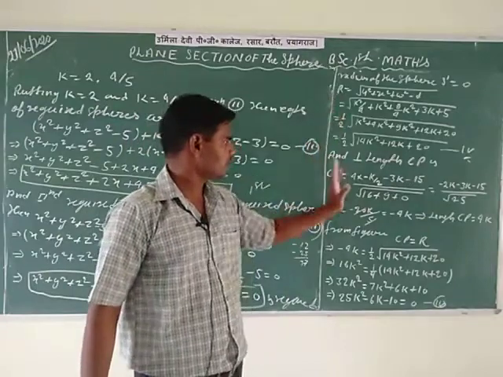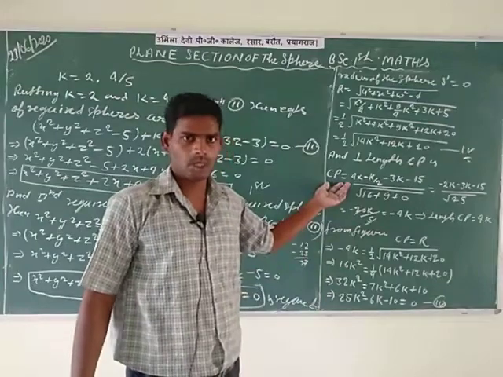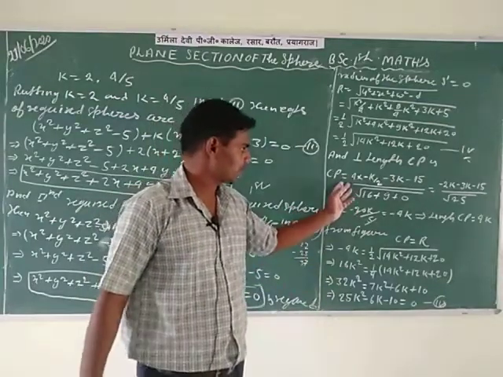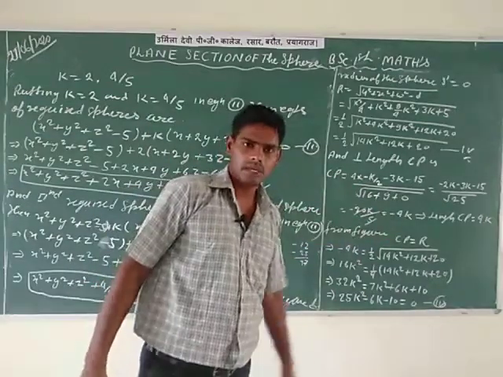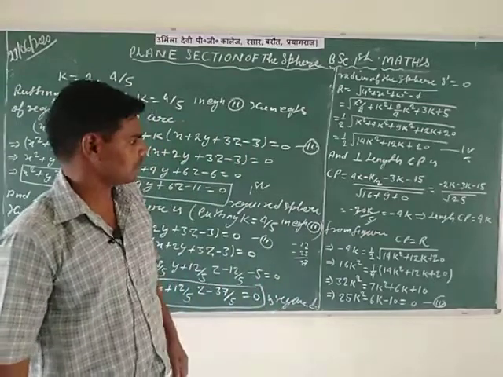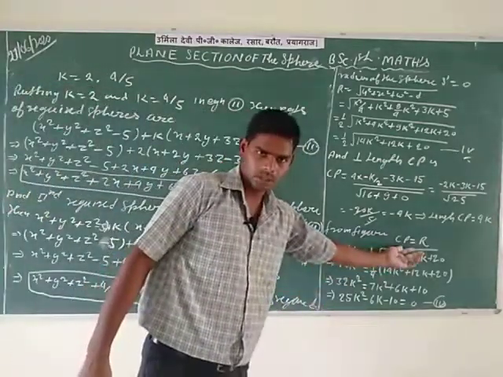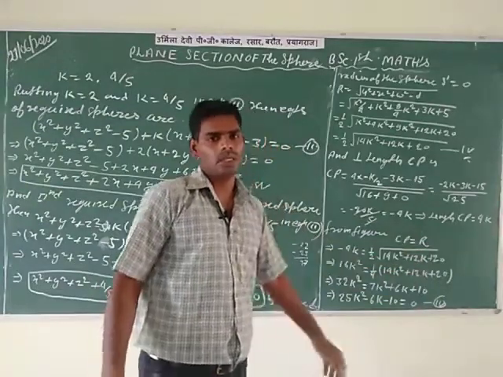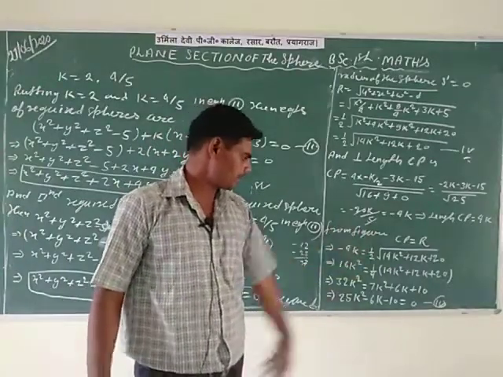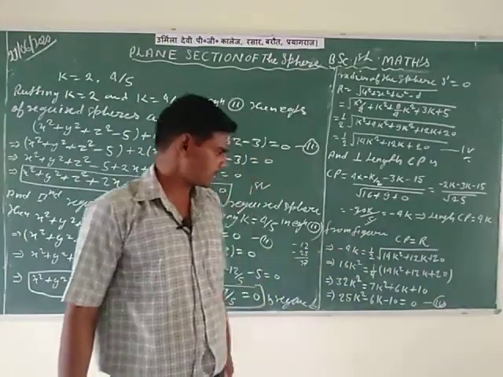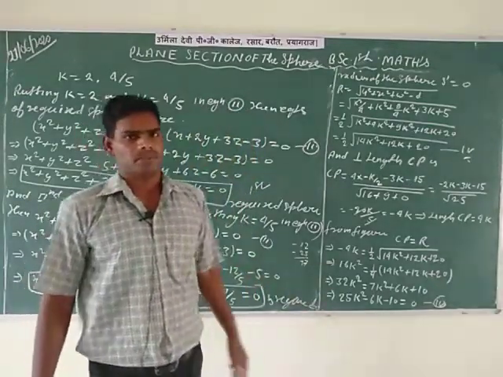So here you can calculate the radius of the sphere s dash and also the perpendicular length Cp, drawn from C to the touching plane, which is equal to minus 4 times k. Here k is the unknown number. So applying this rule, Cp is equal to r, putting all values of the perpendicular length Cp and radius capital R, and after simplification, we reach 25k square minus 6k minus 10 is equal to 0, represented by equation fifth.